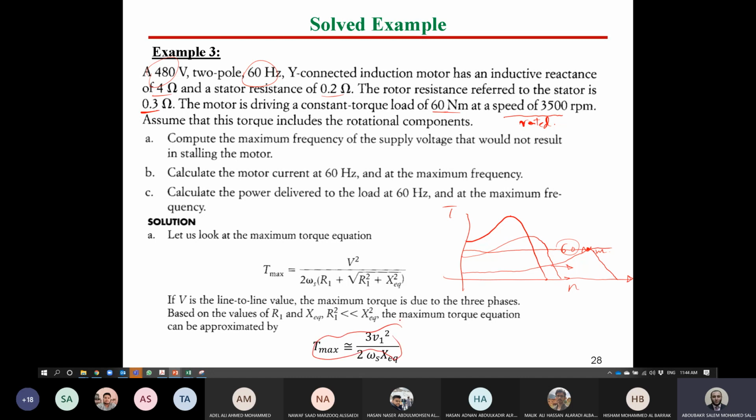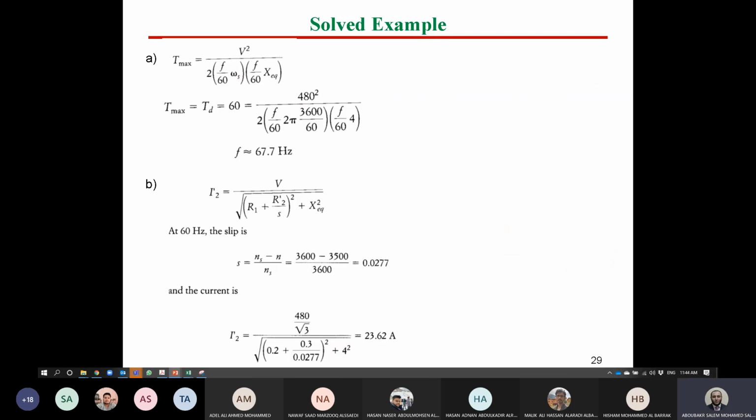So we can use this approximate solution. In speed control, always try to use approximated solutions so you can calculate the required data easily. We said that T maximum equals 3V phase square over 2 omega S X equivalent.